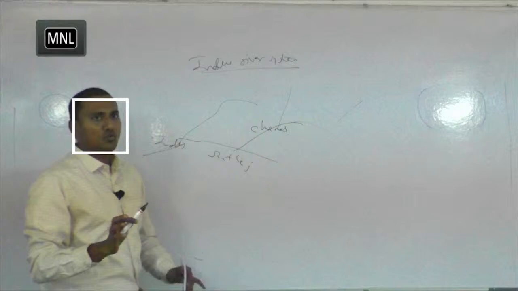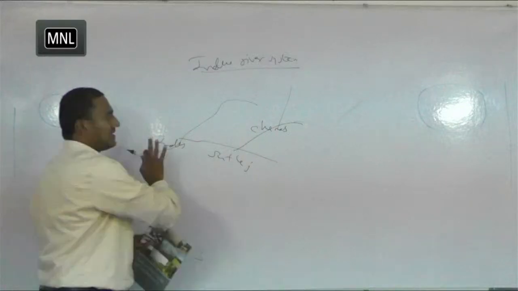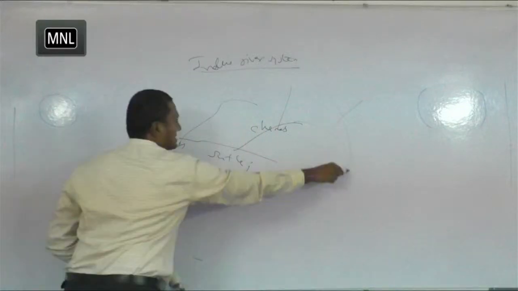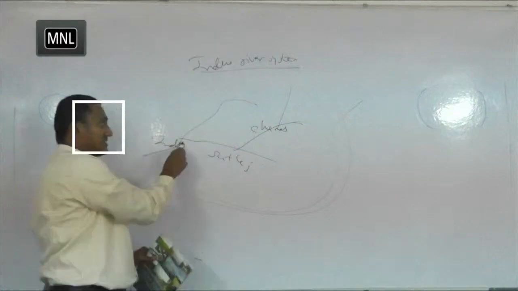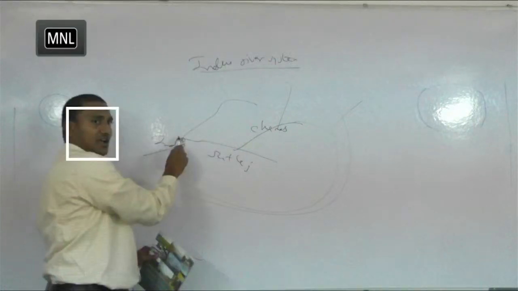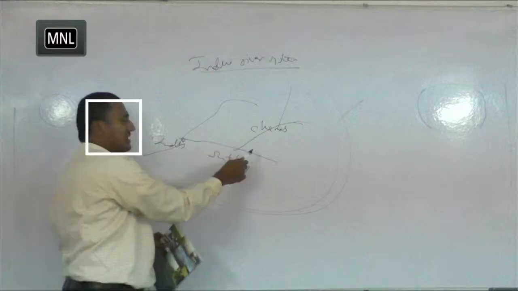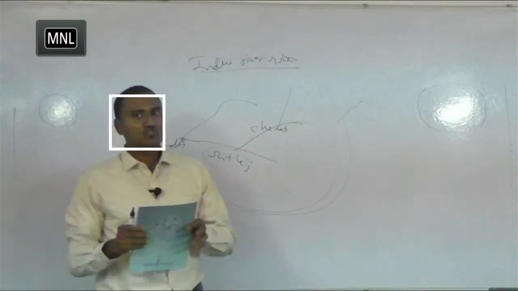The question is: in this Indus river system, which river directly joins the Indus while other rivers join that river? That's the Sutlej. So you should have that kind of clarity about rivers.